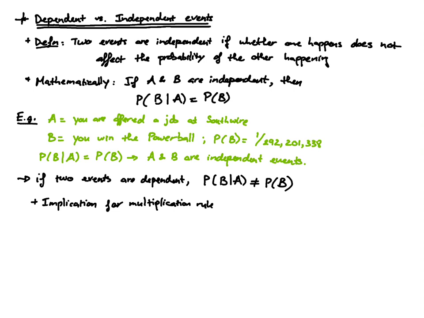Now recall that the multiplication rule says that the probability of the intersection of A and B is equal to the probability of B given A times the probability of A. Right?